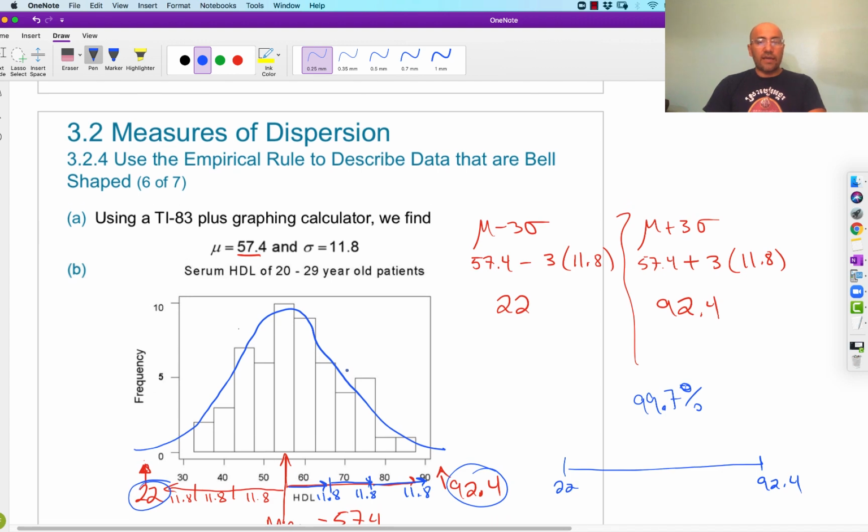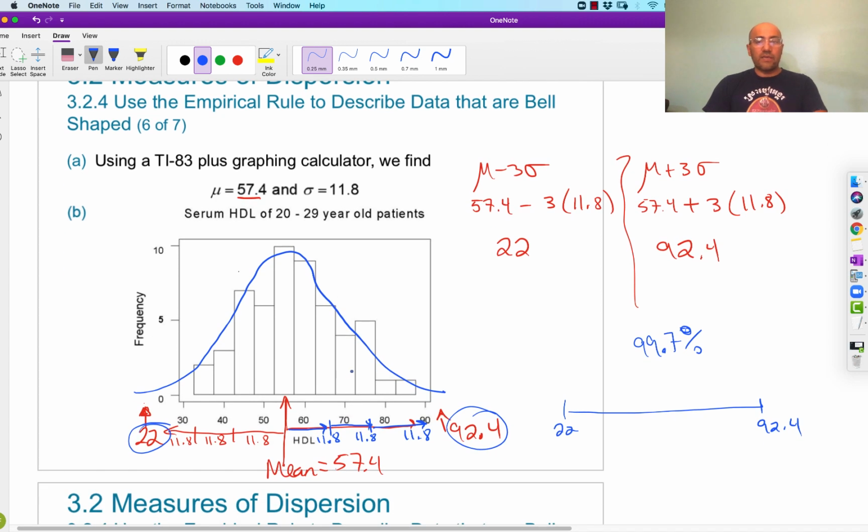Going back to this guy here, now let's do the same thing, but instead of doing 3 sigma, let's kind of reverse engineer this here. So we wanted 34 and 69.1.